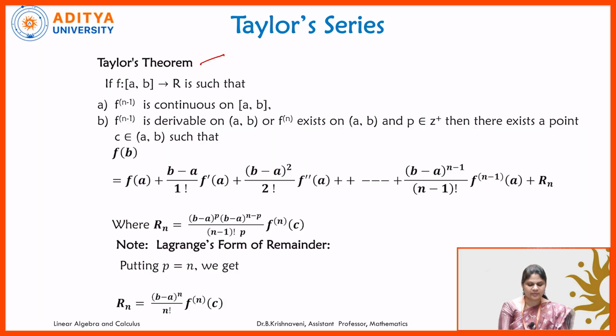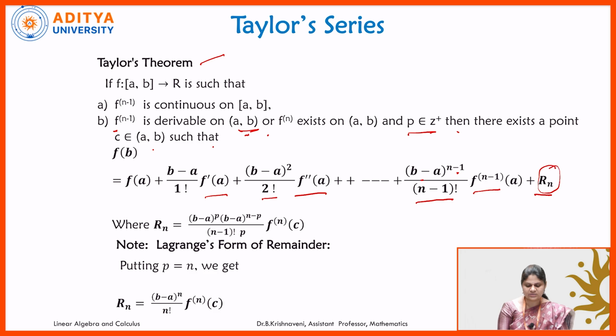If f: [a, b] → R is such that the (n-1)th derivative is continuous on the closed interval [a, b], the (n-1)th derivative of f is derivable on the open interval (a, b), or the nth derivative exists on (a, b), and p belongs to Z+, then there exists a point c belonging to (a, b) such that f(b) = f(a) + (b-a)/1! f'(a) + (b-a)²/2! f''(a) + ... + (b-a)^(n-1)/(n-1)! f^(n-1)(a) + Rn.